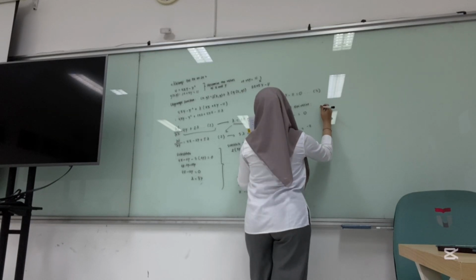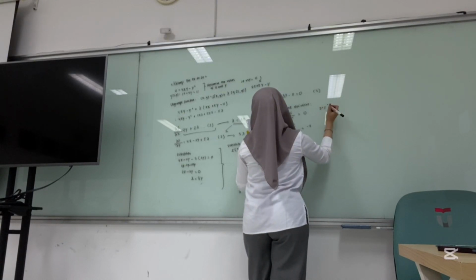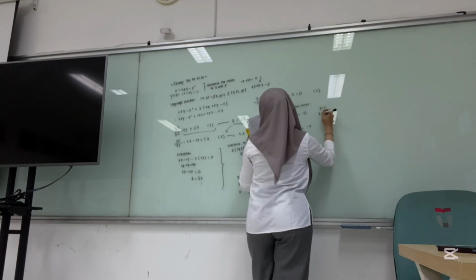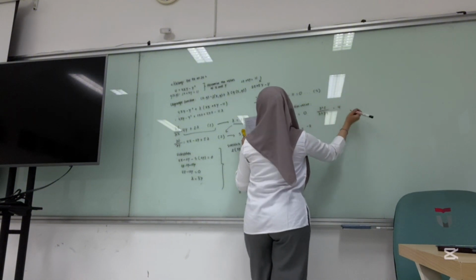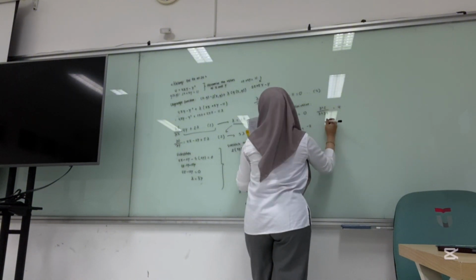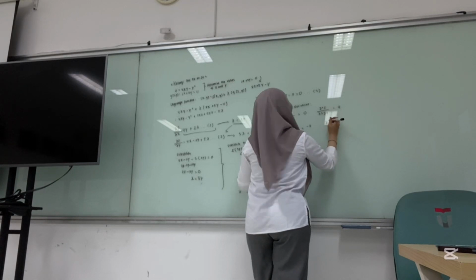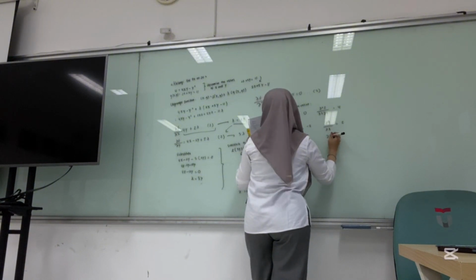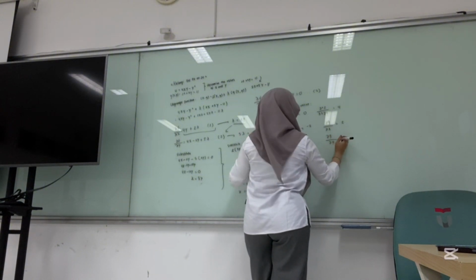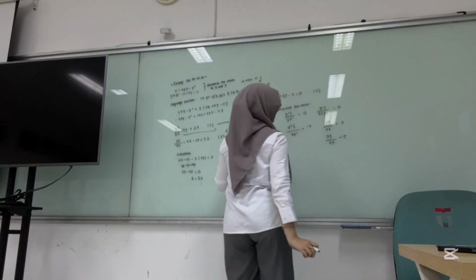The second derivative for x and y is 4. And then the g of x would equal 2, and the g of y would equal 5.